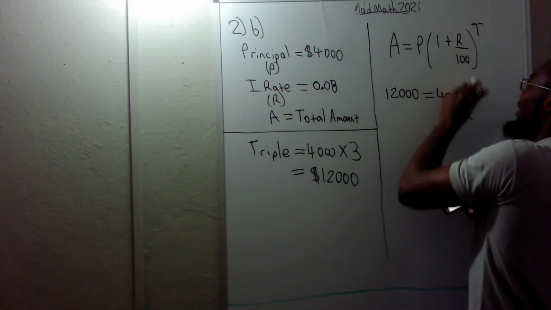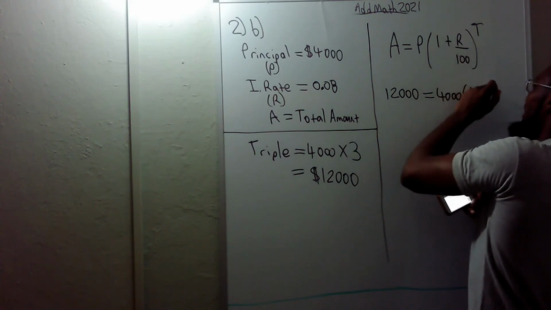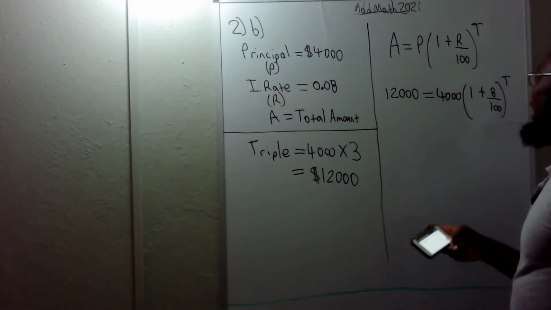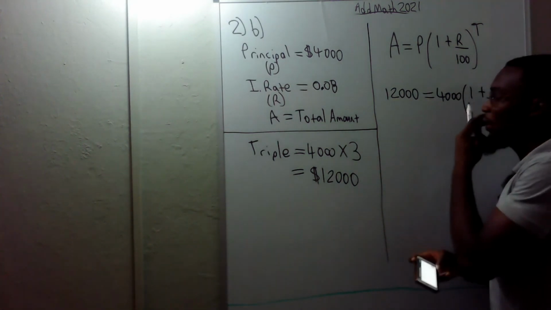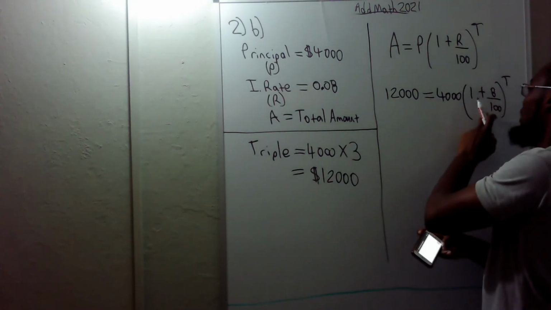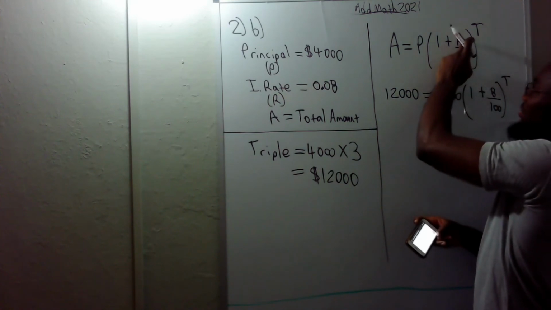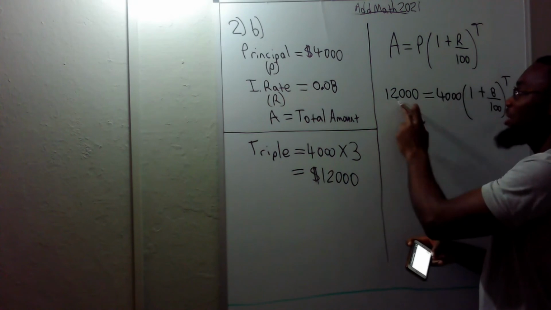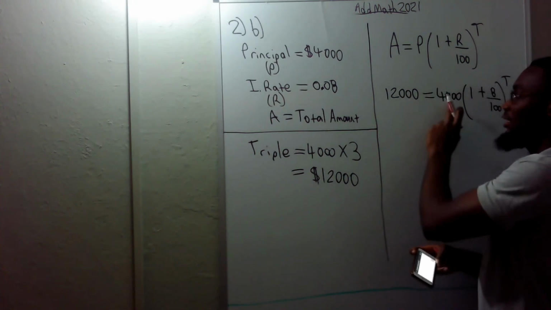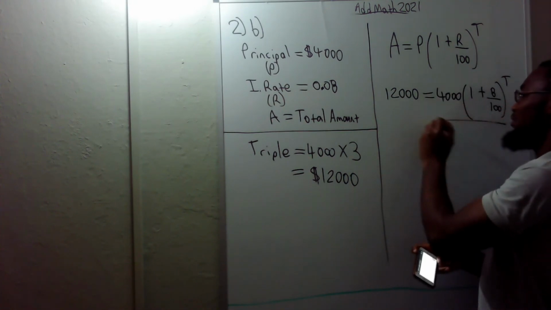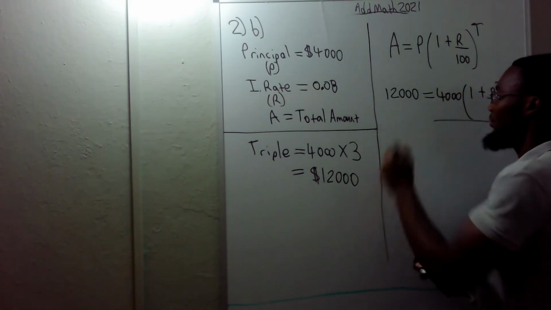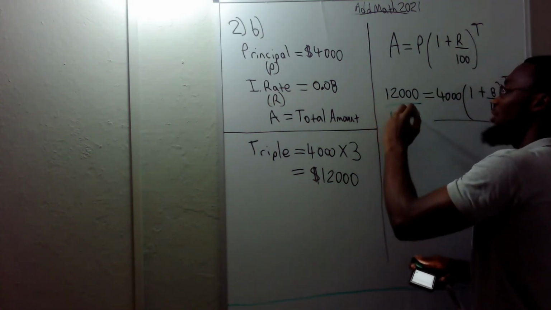In percentage, that's 8 over 100, raised to the T. This is in percentage, guys, percentage over 100. So if I divide both sides by 4,000, in a different color ink.